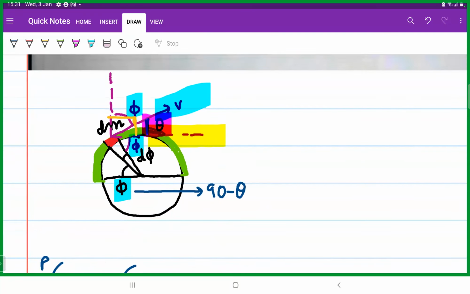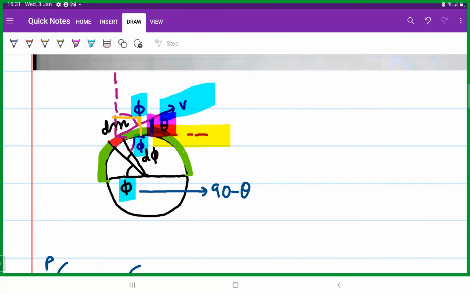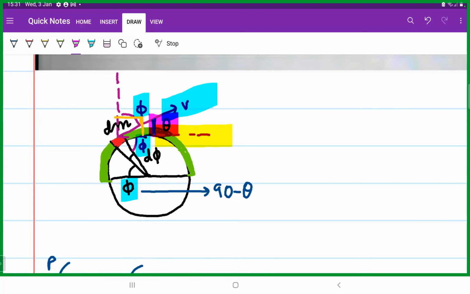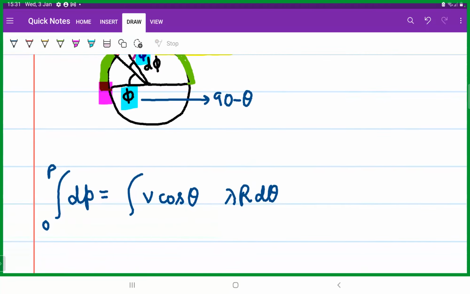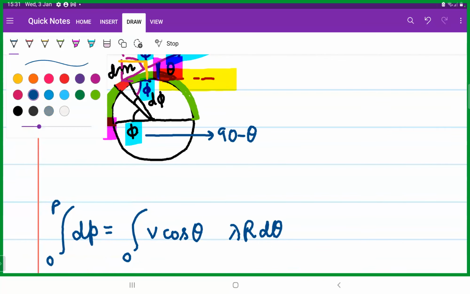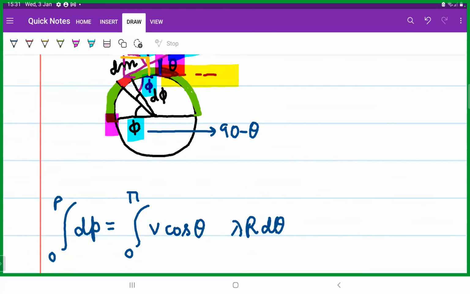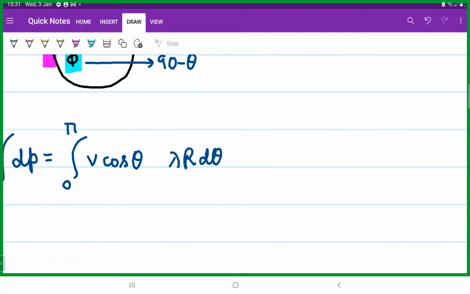When dp is 0, that is for the extreme left edge, the value of theta will be equal to 0. And at the extreme right end it will be pi. So let me put all the values of lambda and things like that over here. V cos theta, and lambda r d theta.